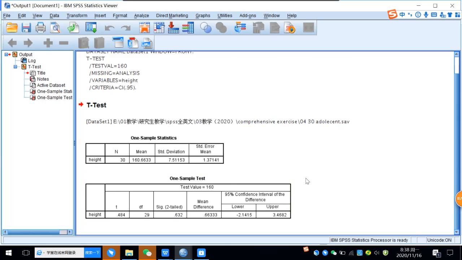So through the results of the one sample t-test, the t-value is 0.484 and the corresponding significance is 0.632, which means there is no significant difference. So we can consider that the mean height is equal to 160.